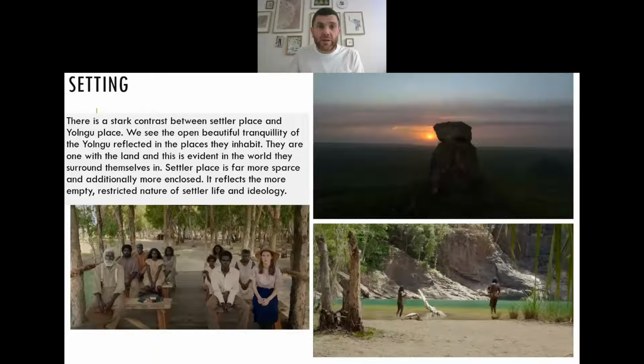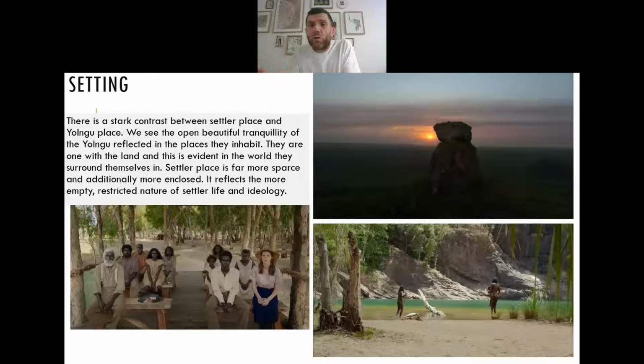So if we have a look at the scenes on the screenshots here, we see the closed church, where all the individuals are organised in a very ordered manner, and really they're very restricted, not just by the ideology that they're being governed by, but also by the setting and by extension the mise en scène.